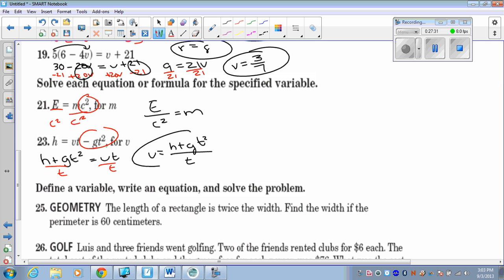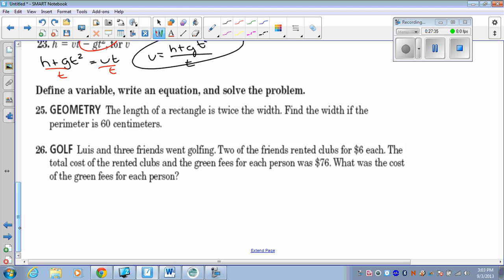Shazam. More word problems. The length of a rectangle is twice the width. So I'm going to say L equals 2W. Find the width if the perimeter is 60. Sometimes it helps to draw a picture. Perimeter of the rectangle is 60. Here's the length.